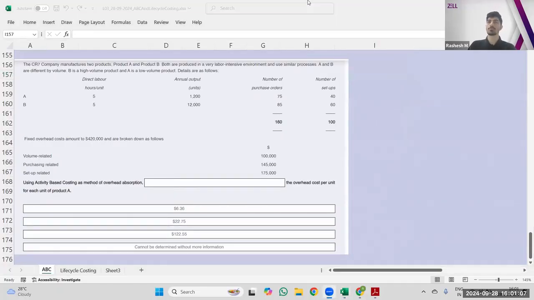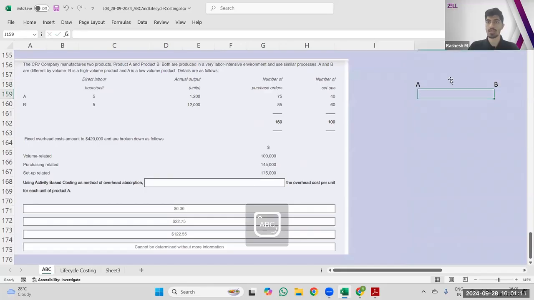That's correct. So I'll also do it for everyone in case anyone's confused. We have two products, A and B, and we have overheads which are volume related, purchasing related, and setup related. Now I'll only do it for product A, and I'll try to do it a little more shortcut style so that I can reach my answer in exam time.